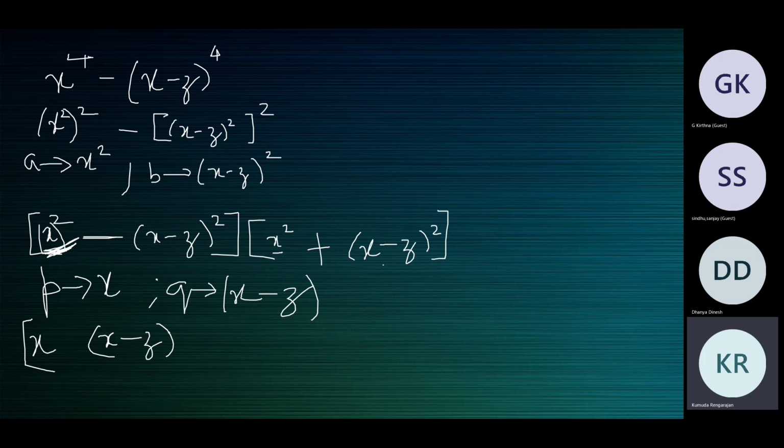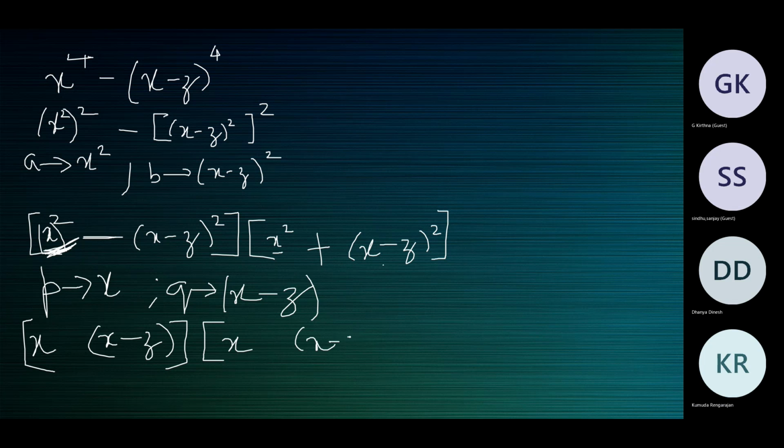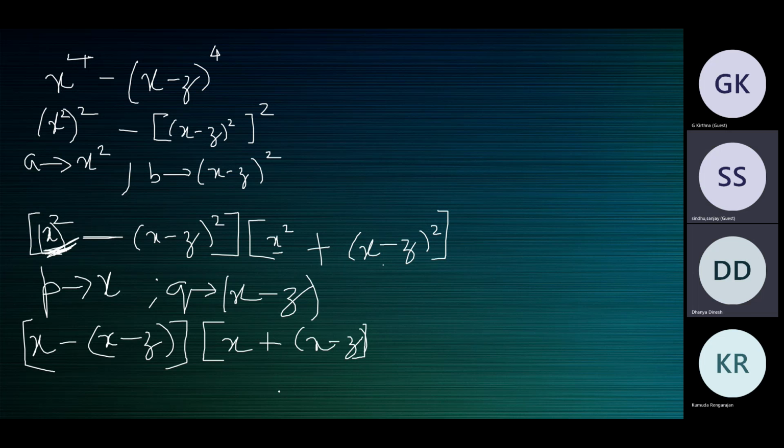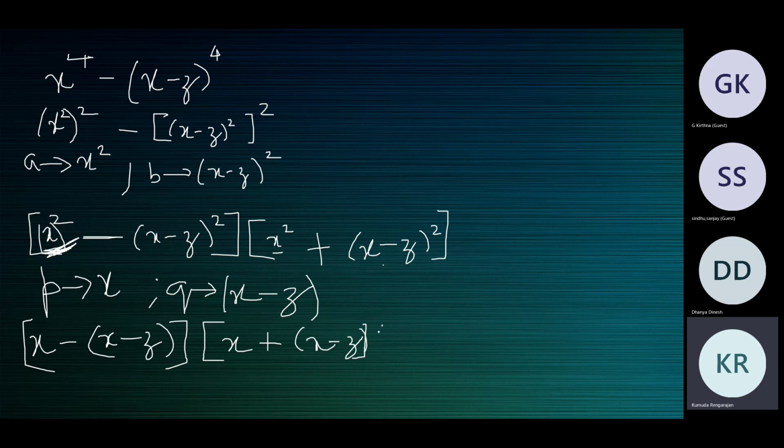In one bracket, we say P and Q. In the other bracket also, we'll say P and Q. Now, P minus Q into P plus Q, correct? Yes, ma'am. And then for the last bracket, this P square minus Q square is P plus Q into P minus Q.